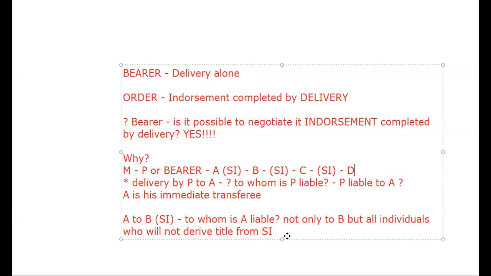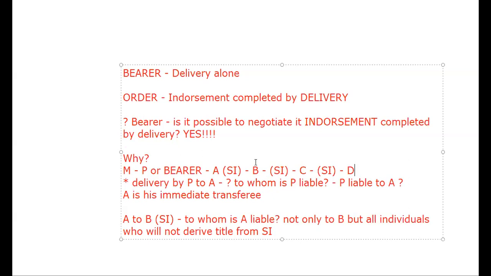It means that as long as there is still a person who is negotiating that instrument through endorsement completed by delivery, then A would still be liable to that person. So following that rule, then in that situation, A is not only liable to B, but he could also be held liable by C, he could also be held liable by D, because all of them derive their title from the special endorsement that has been made by A to B. So kailan po ba titigil yung liability ni A kapag ganyan?